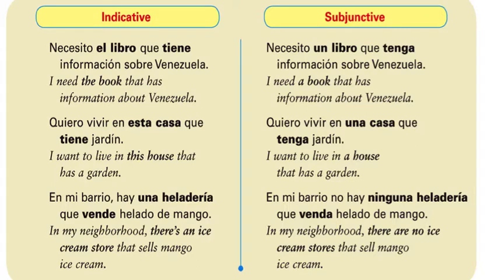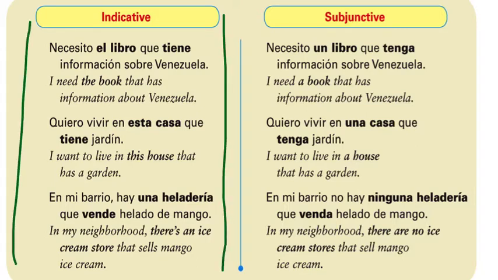We have one group right here where in all the sentences, the verb in the subordinate clause is in the indicative. Necesito el libro que tiene información sobre Venezuela. When you say necesito el libro, that book exists.